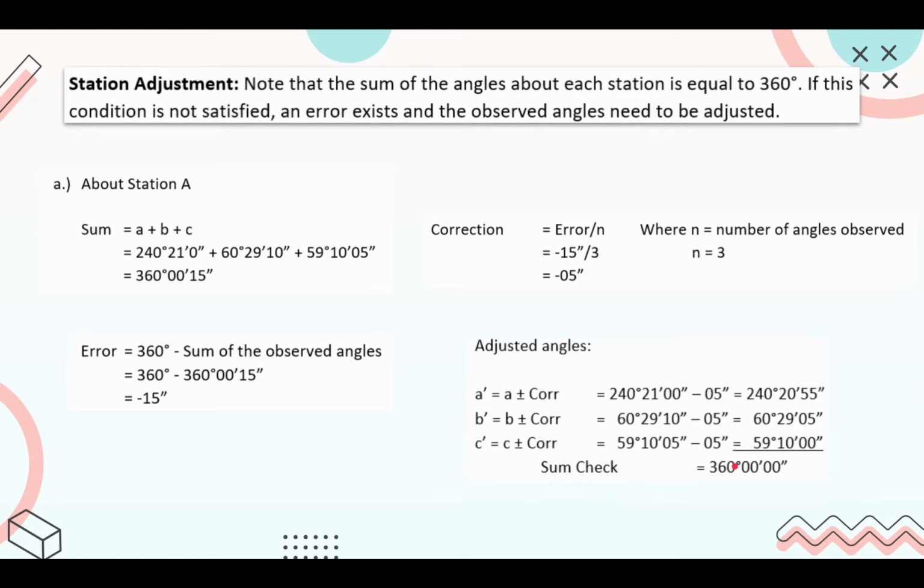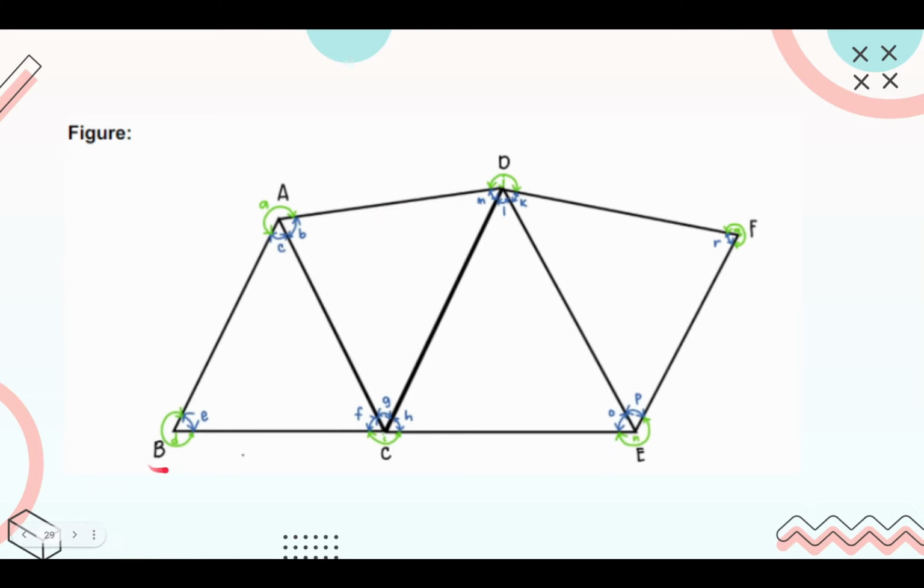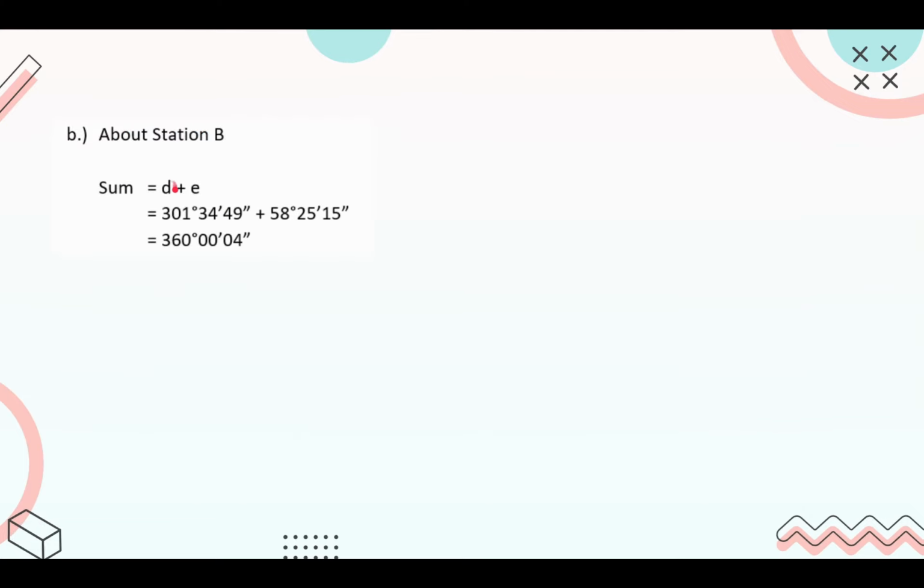So we are going to look at the figure once again. For station B, only 2 angles are involved, which are angles D and E. We just repeat the process in solving for the sum, error, correction, and adjusted angles. So first, we get the sum by adding the observed values of angle D and angle E from the given table earlier.